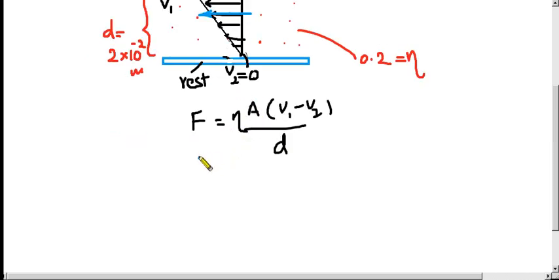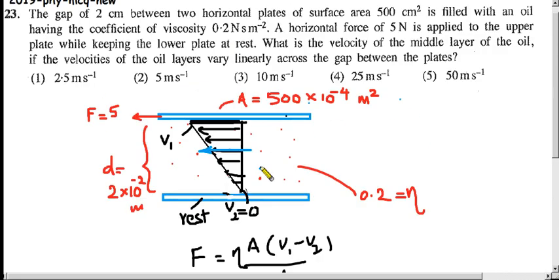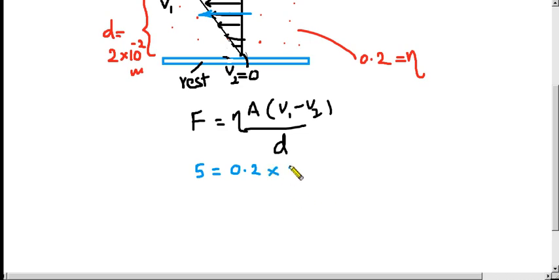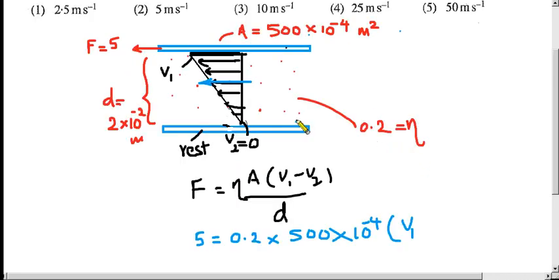So before that we can substitute 5 Newton, 0.2 the coefficient of viscosity, and area 500 times 10^-4. Then V1 we don't know, this velocity.